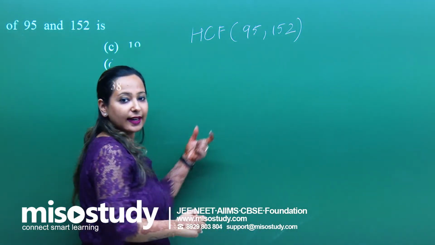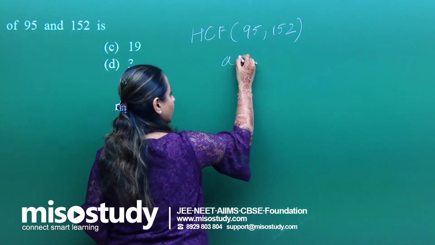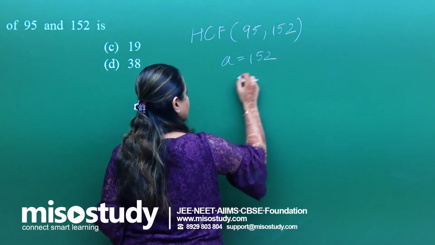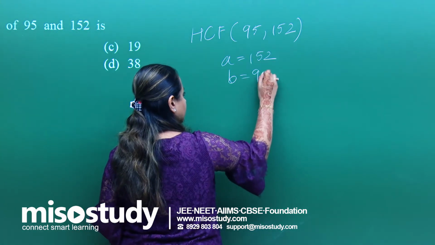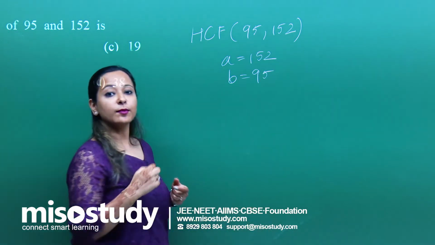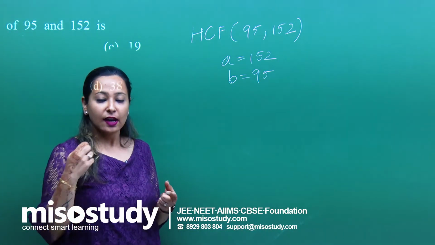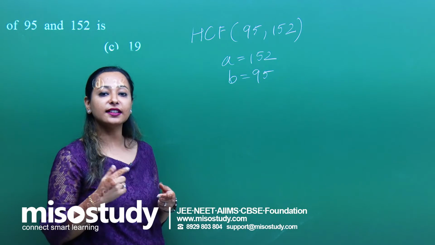Now here A is equal to 152, B is equal to 95. And one more thing I would like to add is, the dividend is always greater than the divisor.